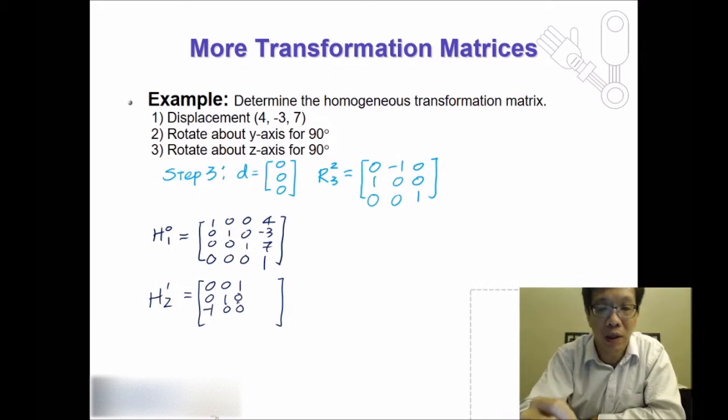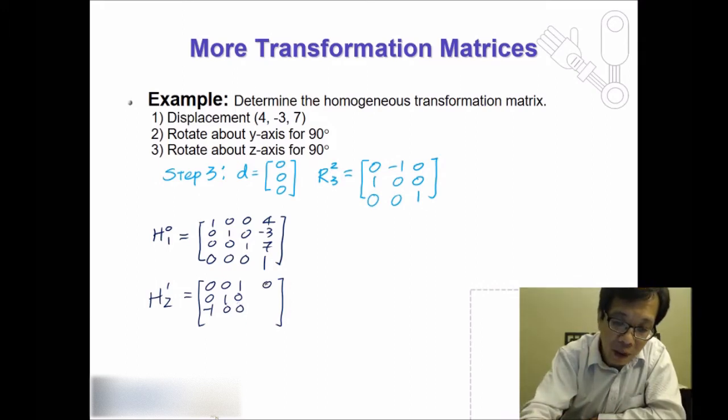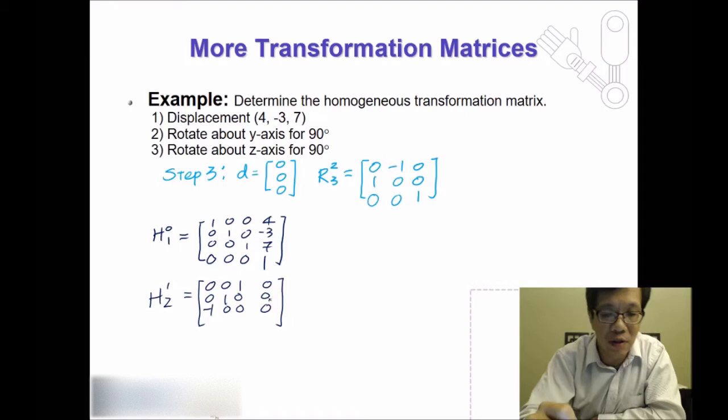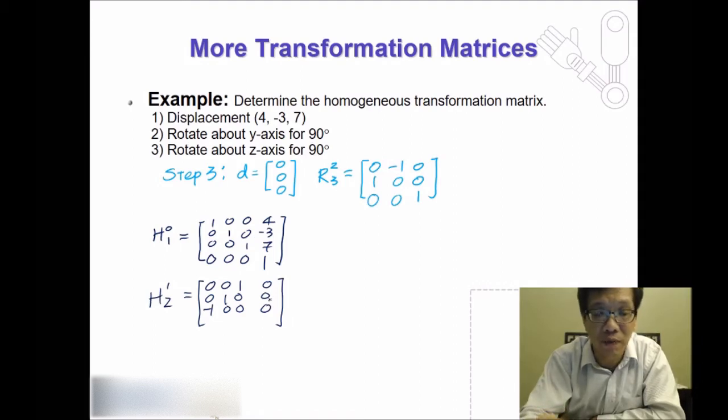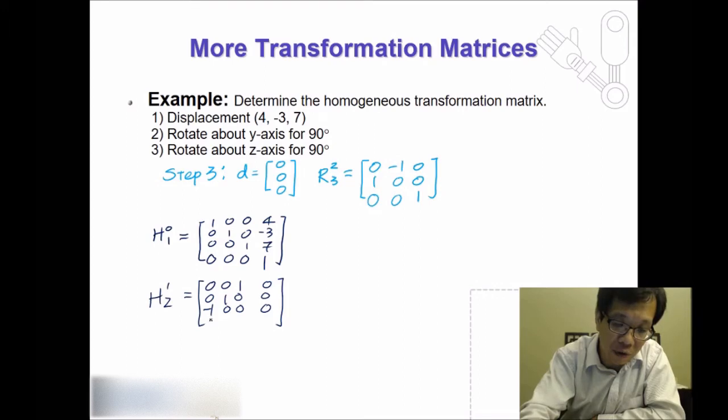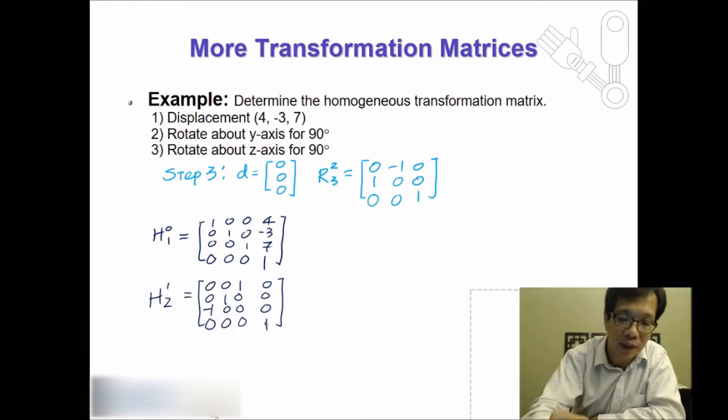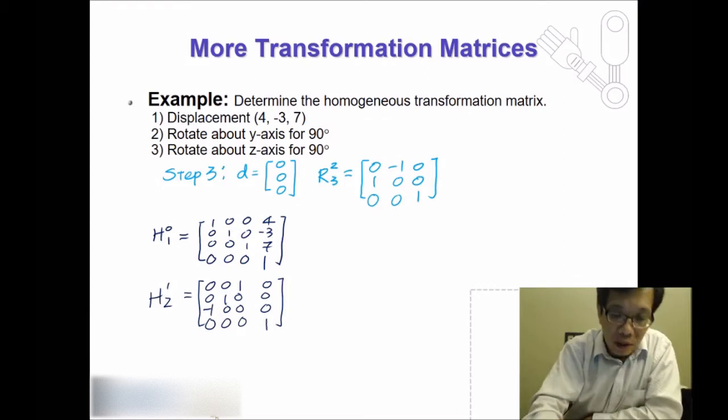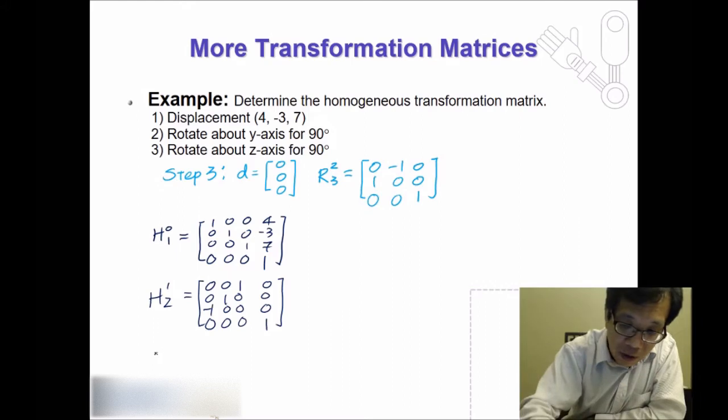This is my R. My D vector, since we do not have any translation, so it must be 0, 0, 0 over here. The fourth row over here is standardized numbers. That is going to be 3 zeros and 1. That is the transformation matrix from frame 1 to frame 2.